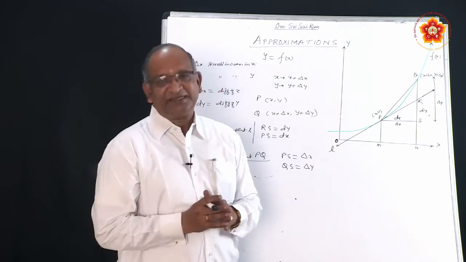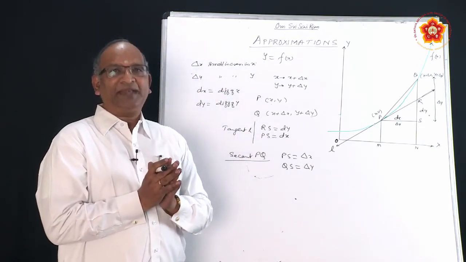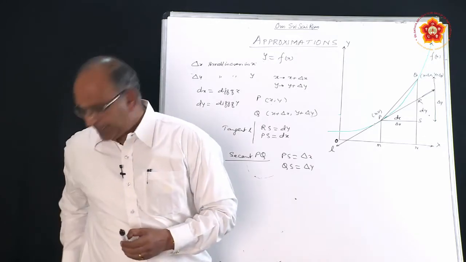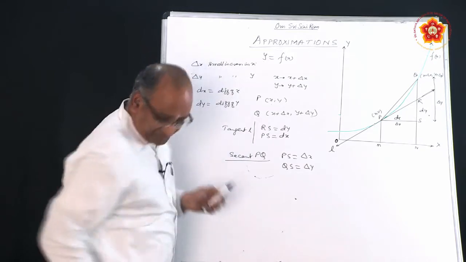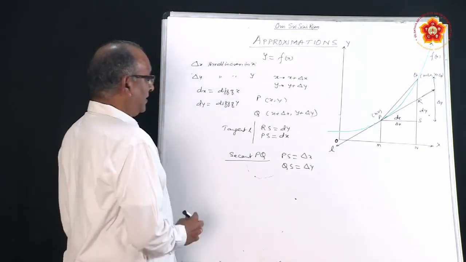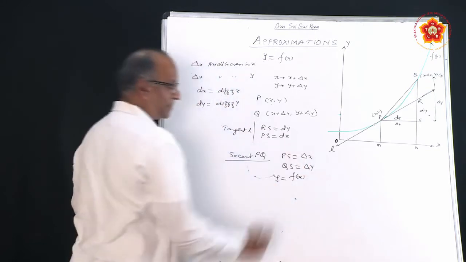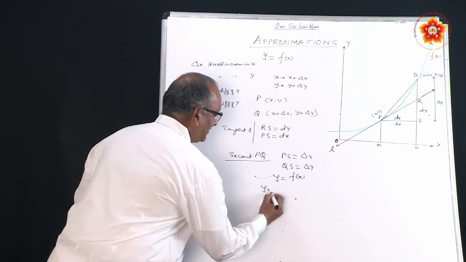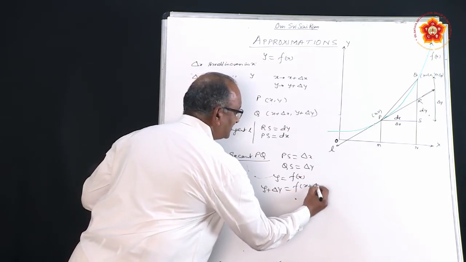Go back to the first derivative, or the derivatives which you have derived initially in 11th standard. We used to say that if y equal to f(x) is a function, y plus delta y will be equal to f of x plus delta x.